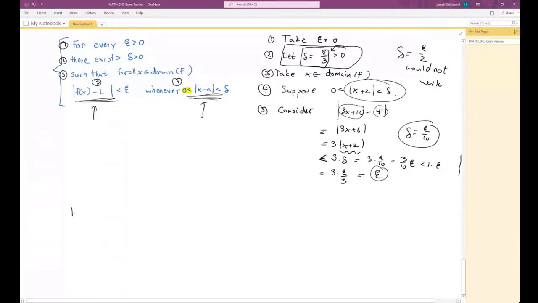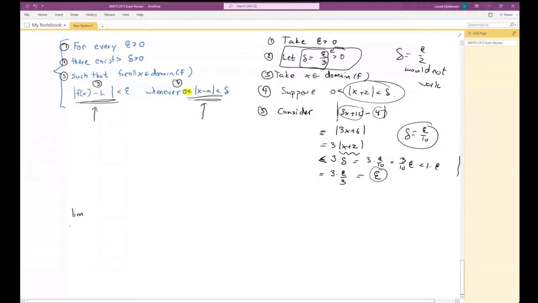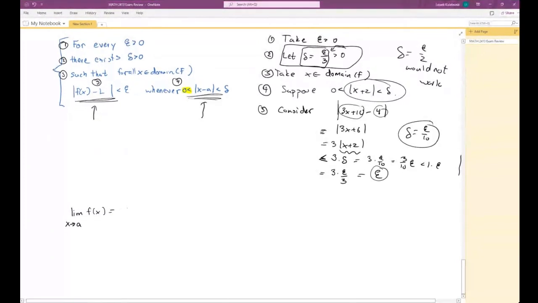So infinite limit. The limit as x approaches a number a of a function is equal to, let's say, plus infinity, right? You can easily also do the minus infinity, but graphically, what would that look like? What would the graph of the function look like around a?